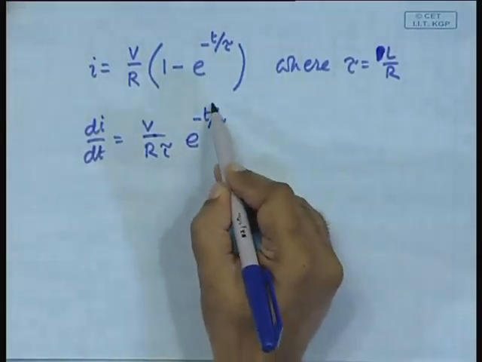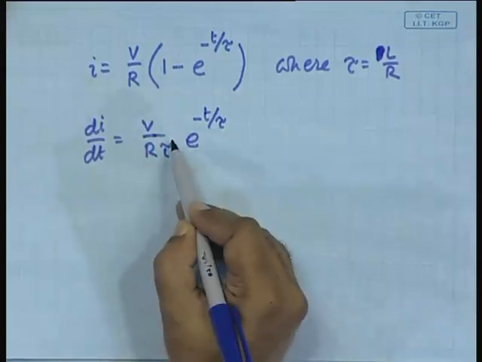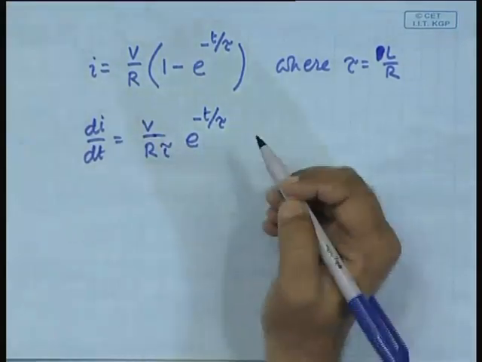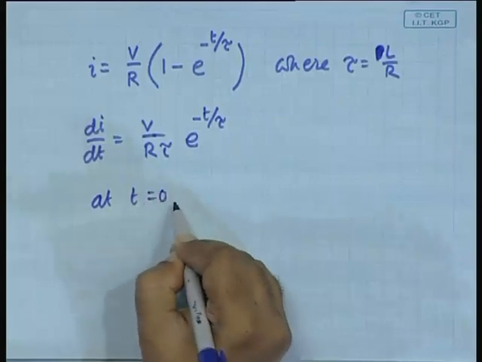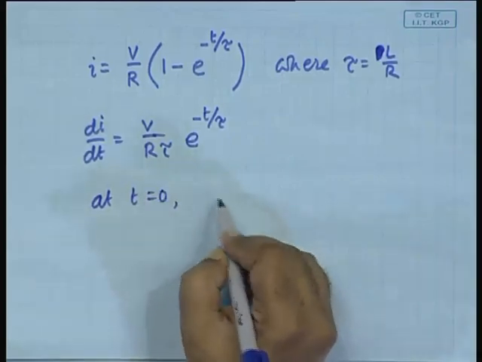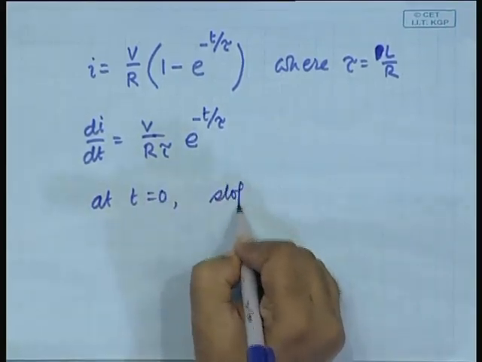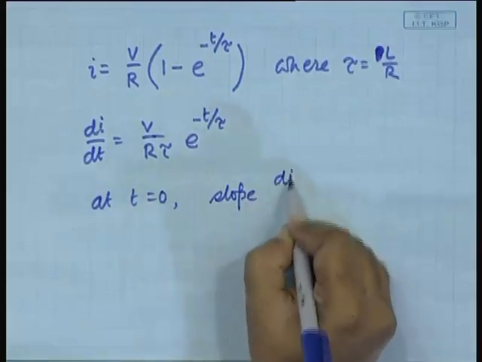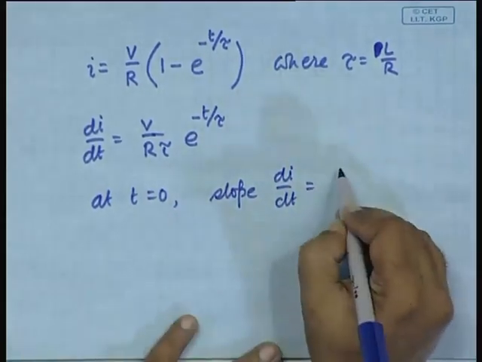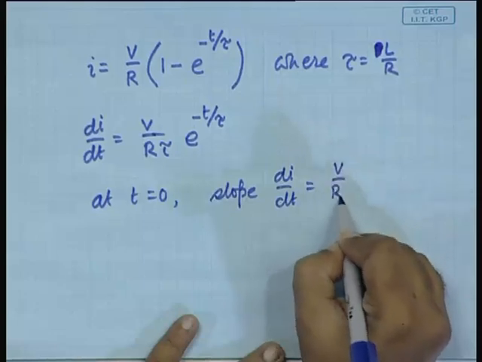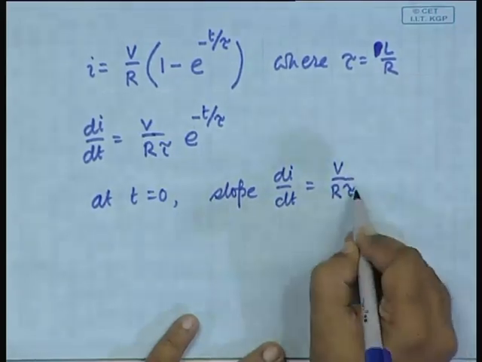At t is equal to 0, this goes off, it is only this much. So, at t is equal to 0, slope is V by R tau.